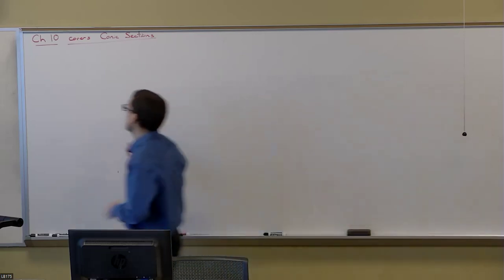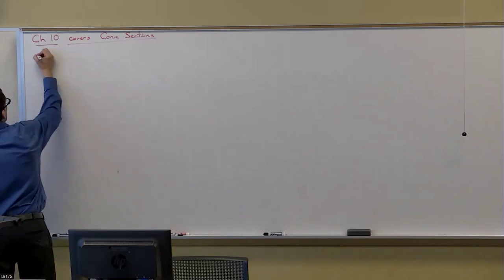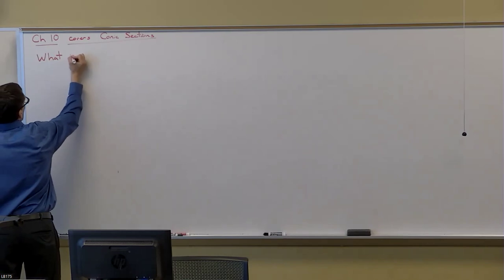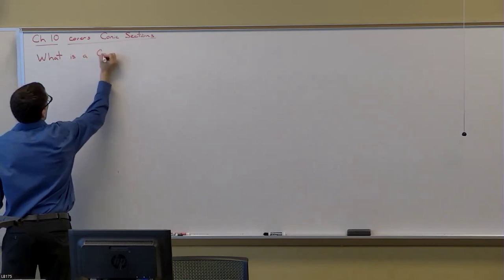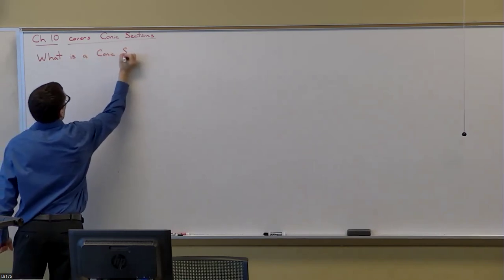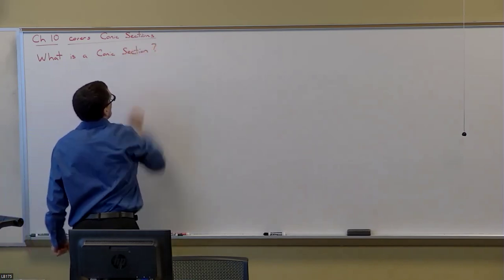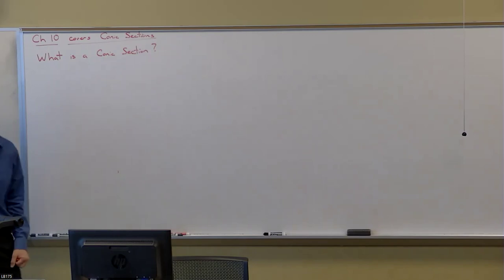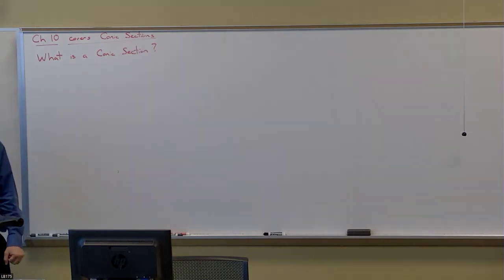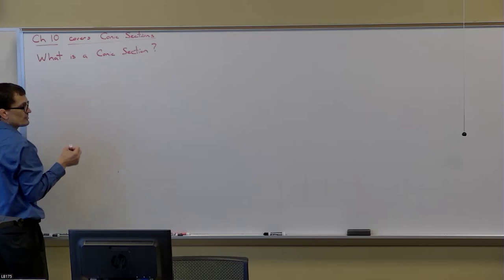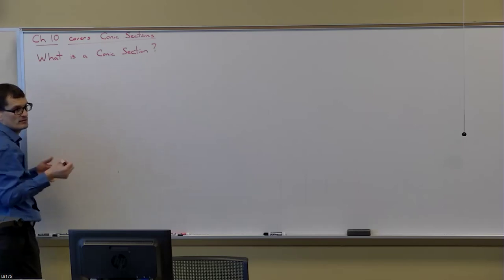So I want to talk about what a conic section is before we get into 10.1. The short answer is it is what you get by the intersection of a plane and a cone.